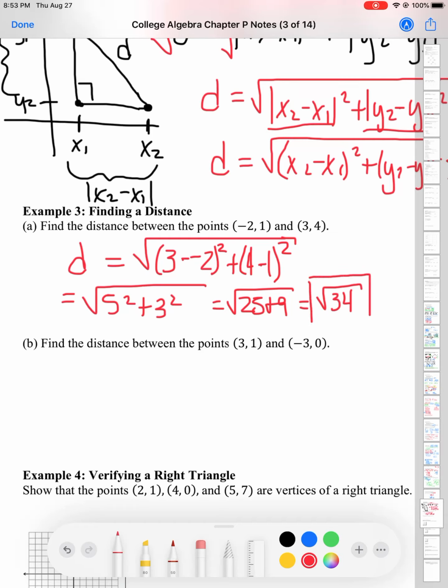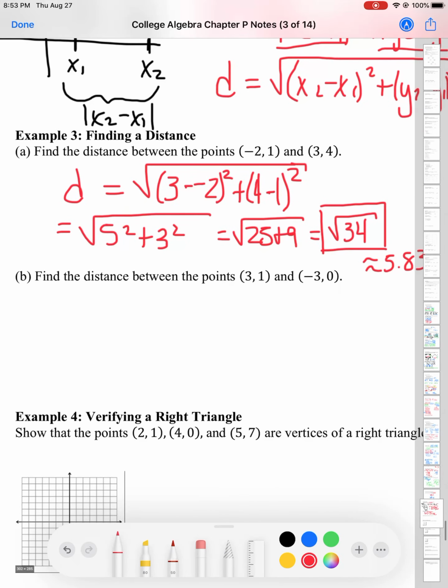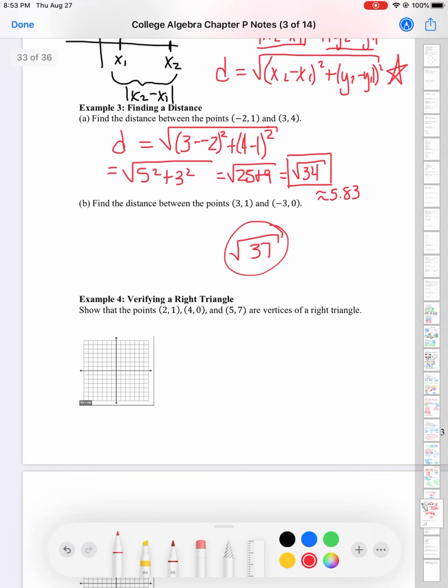I cannot break down 34 at all, so if it doesn't ask me to round, that's my answer. If it did ask me to round, it would be about 5.83. So you guys go ahead and try B. When you're done, you should get the square root of 37 as your answer.